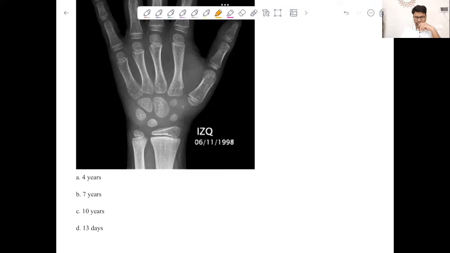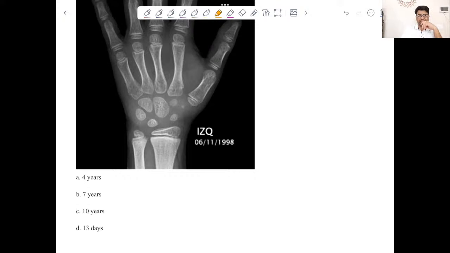So actually the question was about the anatomical basis, the ossification centers of the wrist, and it has been integrated with the forensic scenario. So any idea, can you guess what can be the answer here?